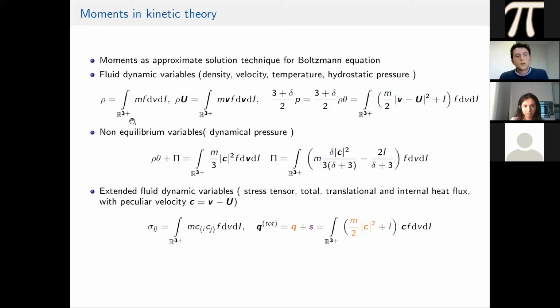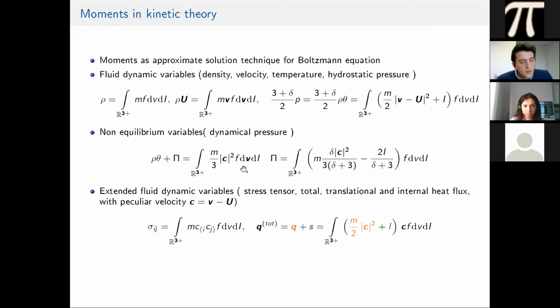This is very nice because it gives you information about density, velocity and pressure inside your gas. So our distribution function is a very rich function because it carries information about all the variables that we want.